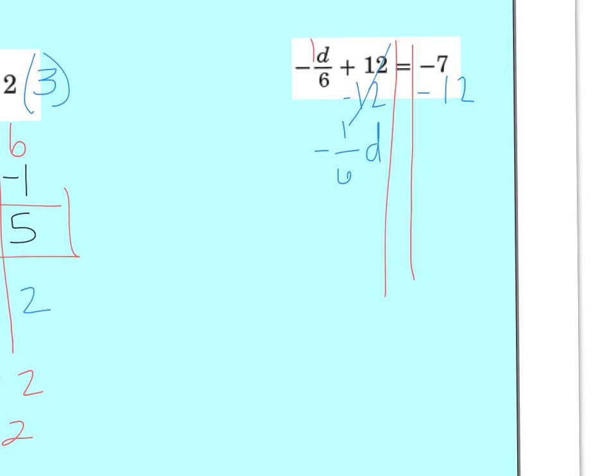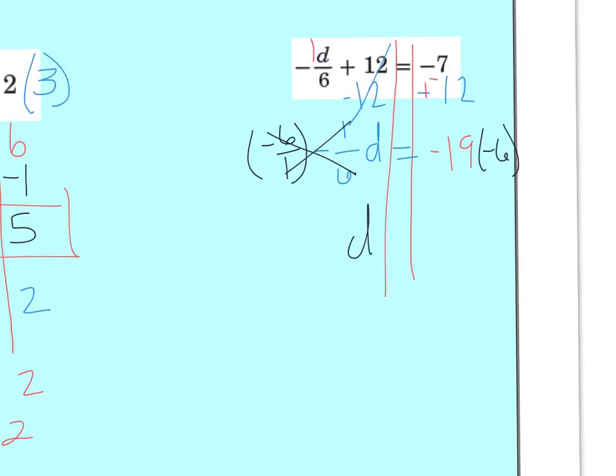Personally, some of you might leave it as it is, equal to, add the opposite, -19. So d is being multiplied by -1/6. To undo that, I multiply by the reciprocal, 6 over 1, because 6 over 6 is 1. Same thing on the other side.